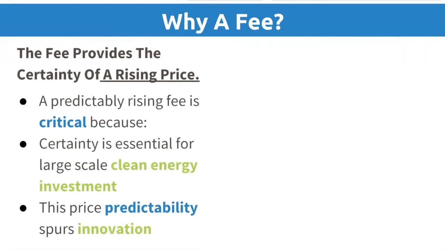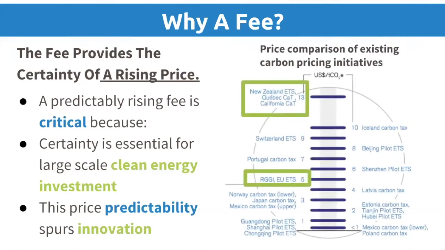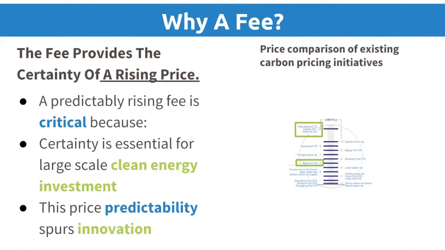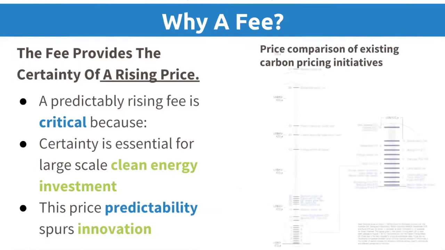The chart on the right, which may be a little hard to read, shows 11 countries' carbon taxes. Most are well above $15 a ton. And 12 countries' cap and trade programs on the right, mostly below $15 a ton. There are many other reasons as well to support a fee.